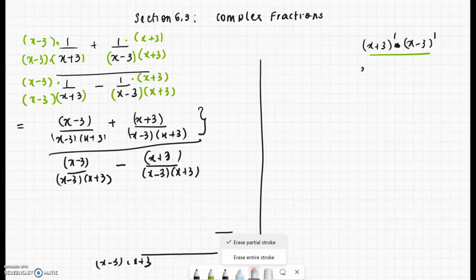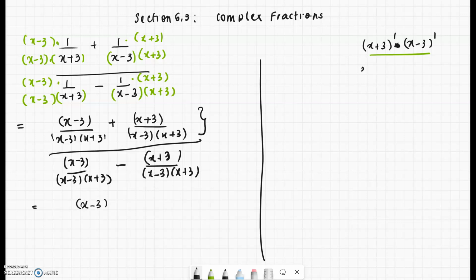So next we write down x minus 3 plus x plus 3. The parentheses here will not make a difference.